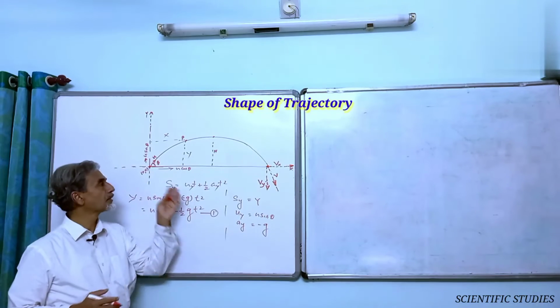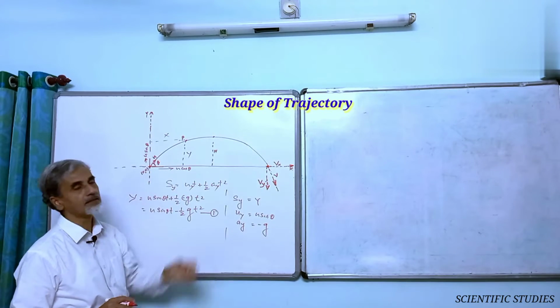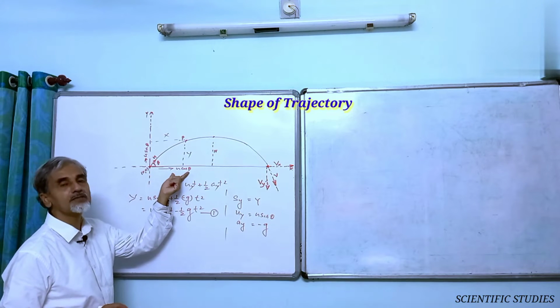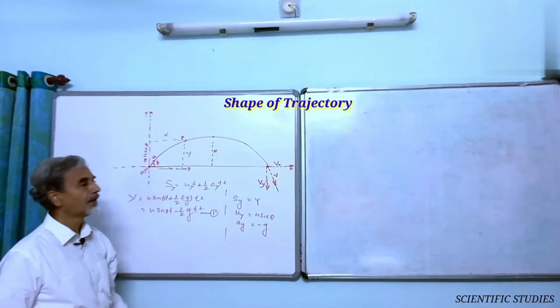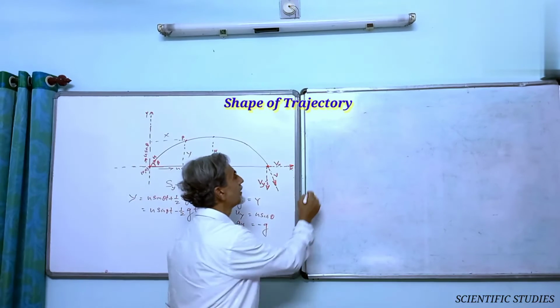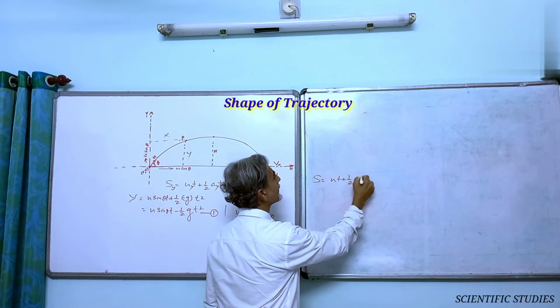When we consider the horizontal displacement of the body, there is no acceleration in that direction because the horizontal velocity u cos theta is constant, and we can also measure the horizontal displacement using the relation s is equal to ut plus half at square.